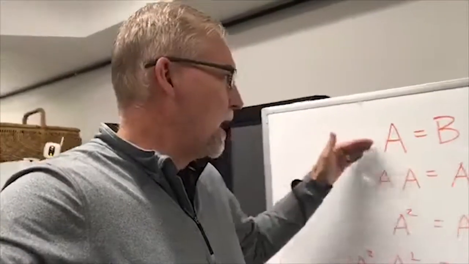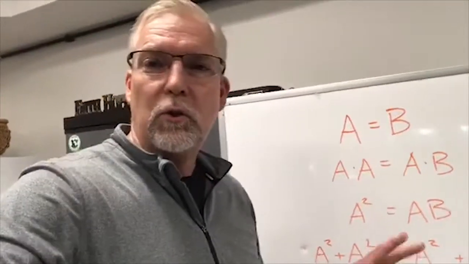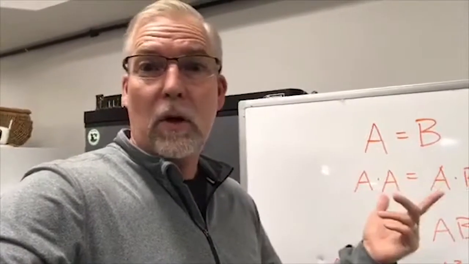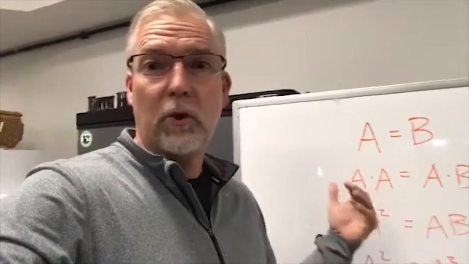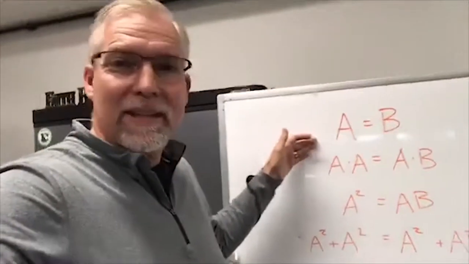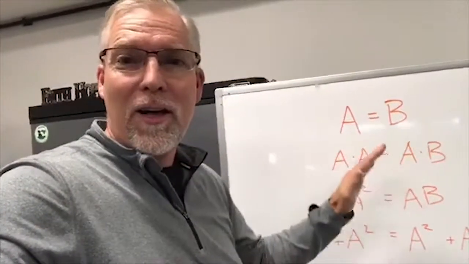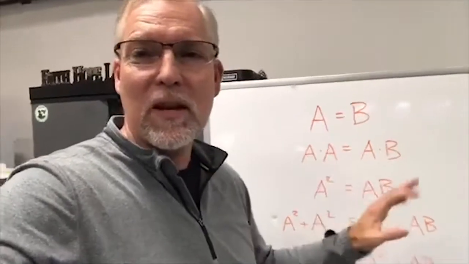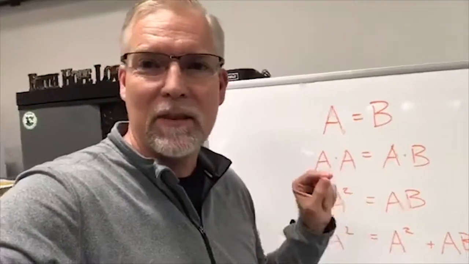So A could even be 2 squared plus 3. And if B was 7, well, 2 squared plus 3 equals 7, A equals B. So that's not the fallacy. As you go through the rest of this, it's all normal algebra. So there's nothing strange that happens until we get to the very end.